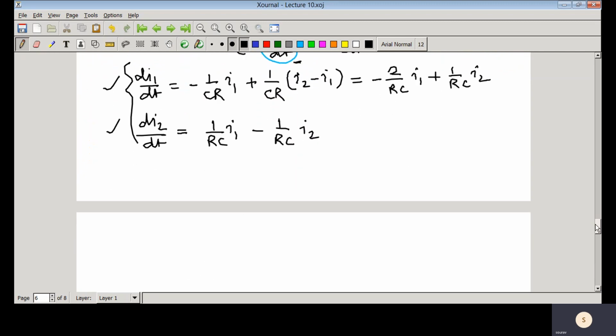So now easily we can represent these two differential equations in matrix form.